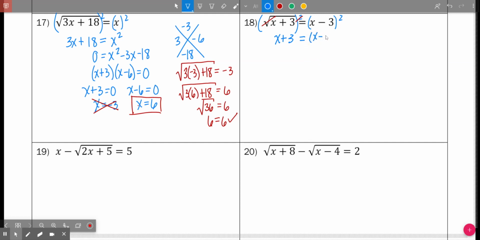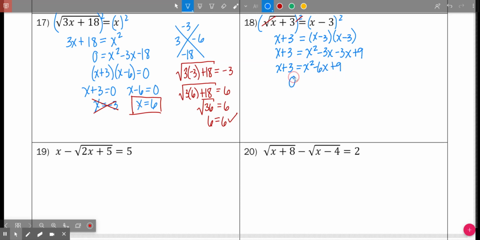This means x minus 3 times x minus 3, so you have to distribute. So this is x plus 3 equals x squared minus 3x minus 3x plus 9. X plus 3 equals x squared minus 6x plus 9.